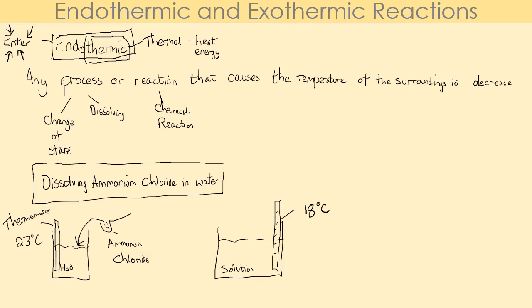My temperature has decreased. In this case, I have had thermal energy going into the solution, into the process, removing the thermal energy from the surroundings, so my temperature has gone down in the surroundings.